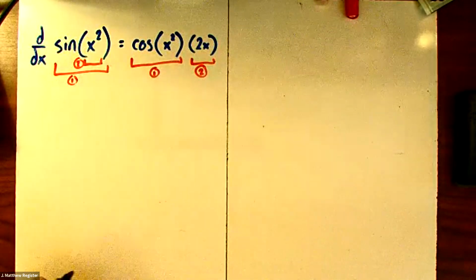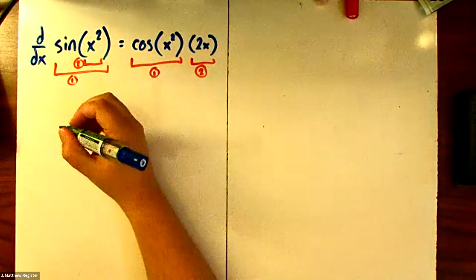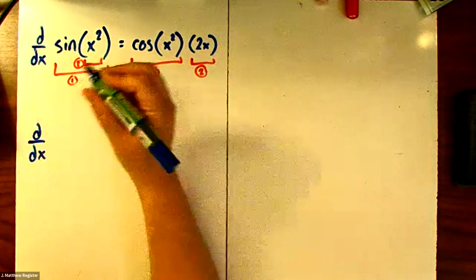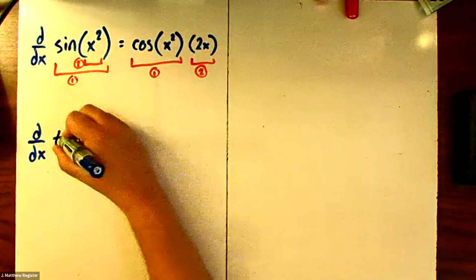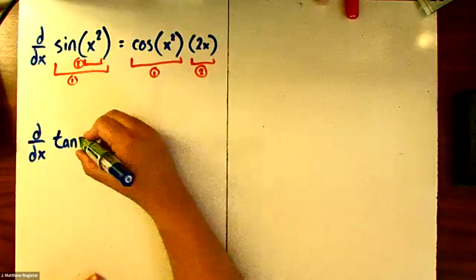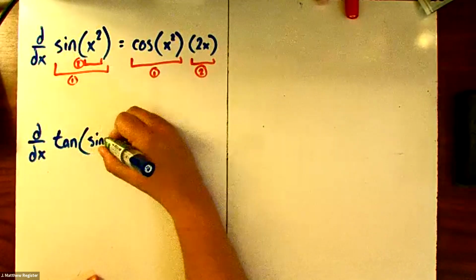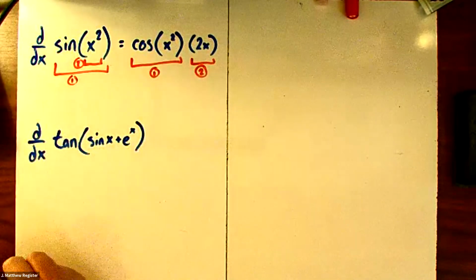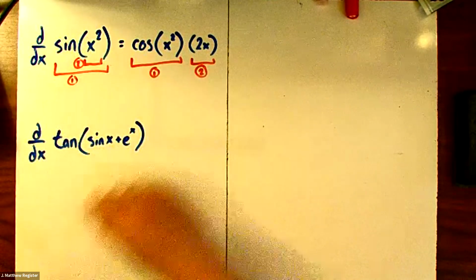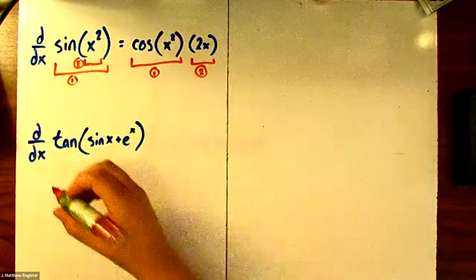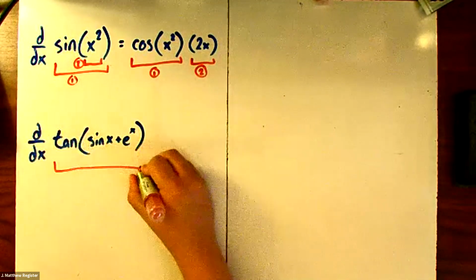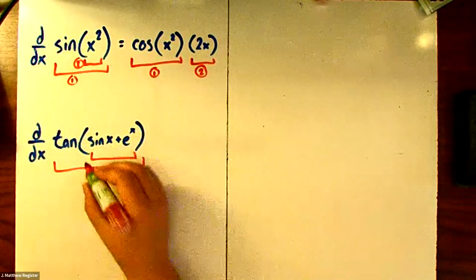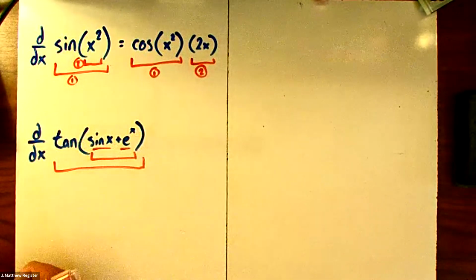Let's do another example. How about d dx of tangent of sine of x plus e to the x? And so again, this has a main function and then an interior function. The interior function is actually comprised of the sum of two functions.